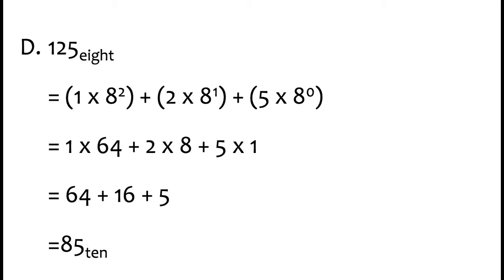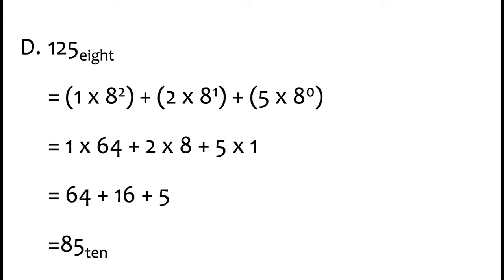Then if you simplify, what is 8 raised to power 2? 8 raised to power 2 is 8 times 8, and the result is 64. So you'll be having 1 times 64 plus 8 to power 1 is 8, so 2 times 8. Then plus 5 times 8 raised to power 0 is 1, so 5 times 1.